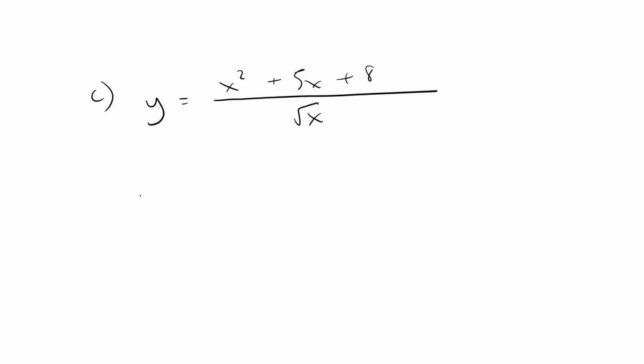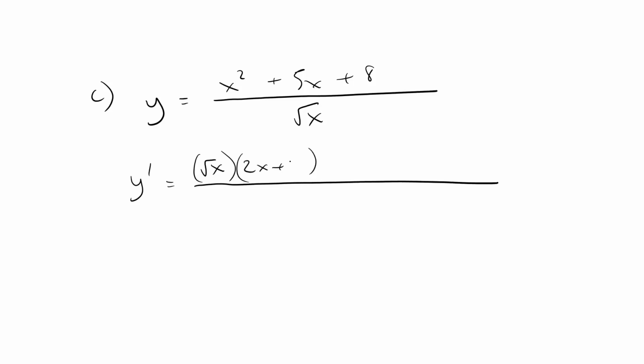And we'll take the derivative of it. So again, what is our formula? It's the bottom function times the derivative of the top, which is 2x plus 5, minus the top.